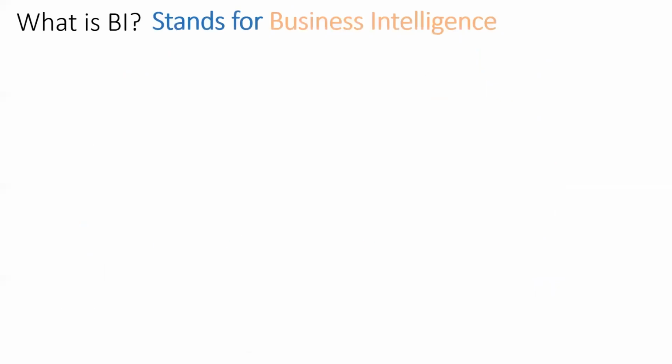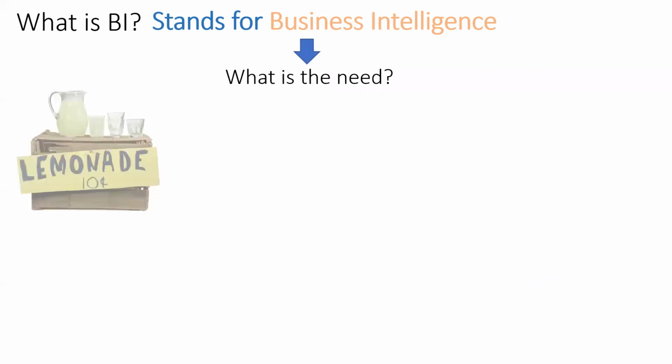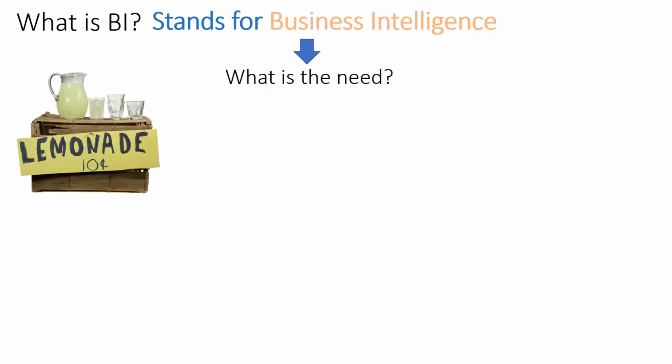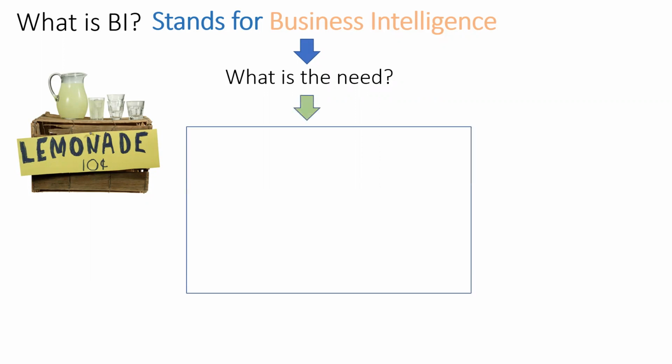Okay, so what is BI? BI basically stands for business intelligence, and we have to understand what the need of it is. If I pick an example of a lemonade store or a stand, you're making sales each day, and you have been running the business for like 1 to 2 months.